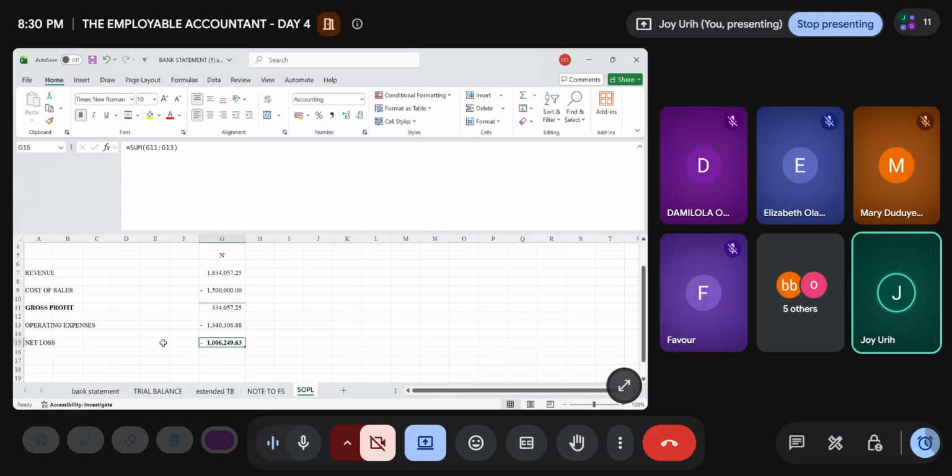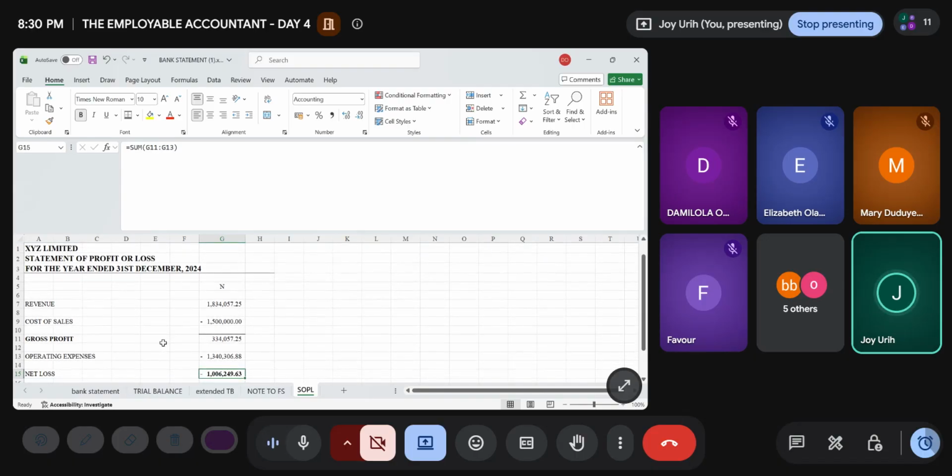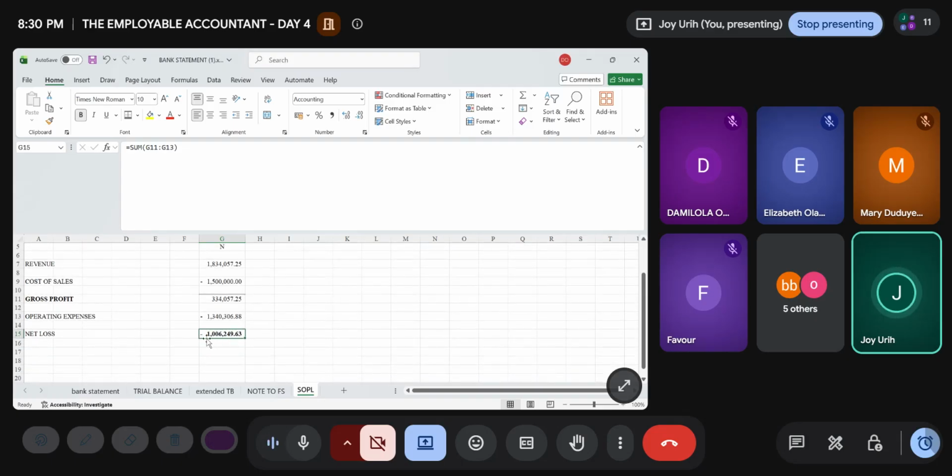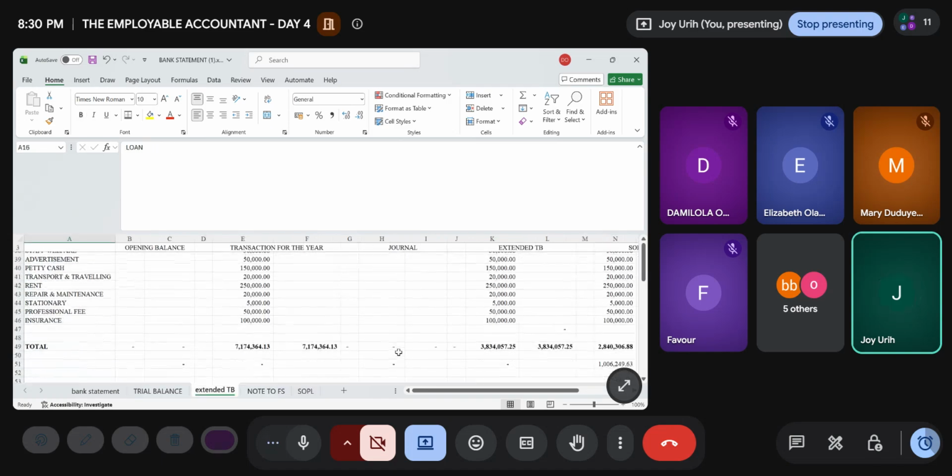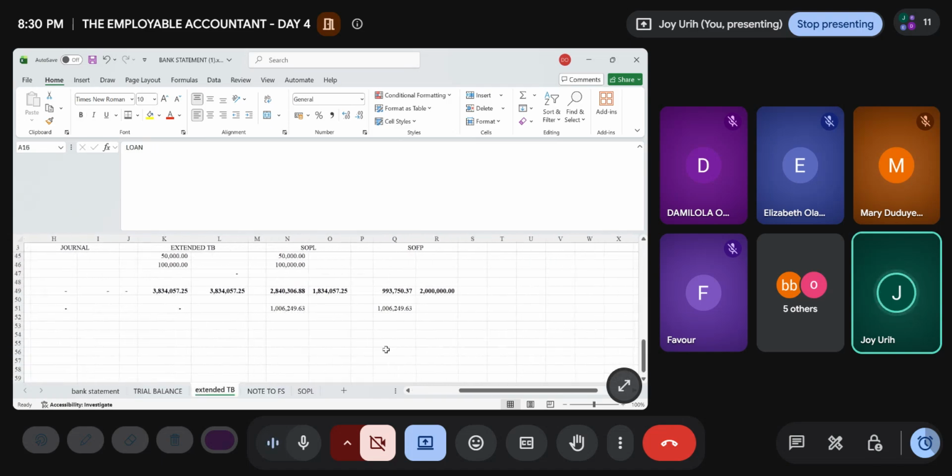So for you, how do you know that your calculation is correct, that your statement of profit or loss is correct? Now if you check this 1,006,249 naira, this is the same figure that we have as the deficit between the statement of profit or loss and the statement of financial position. So what does this mean?